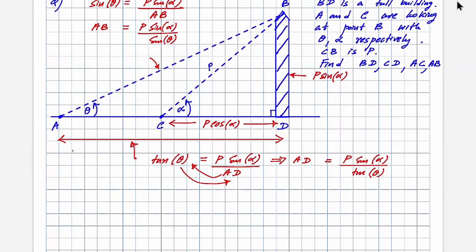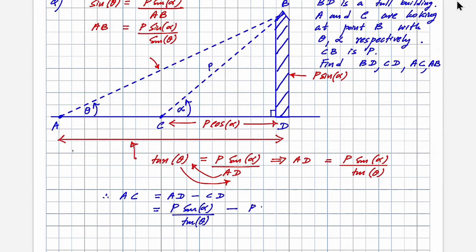Now you need to find AC. AC is nothing but AD, that bigger distance, minus CD, common sense. So AD you have now. AD is going to be P sine alpha divided by tan theta, minus CD.